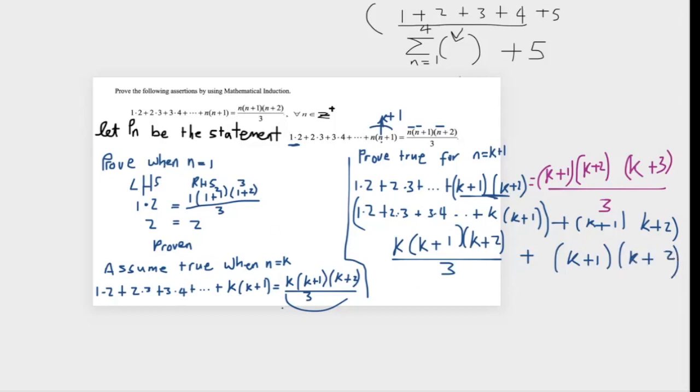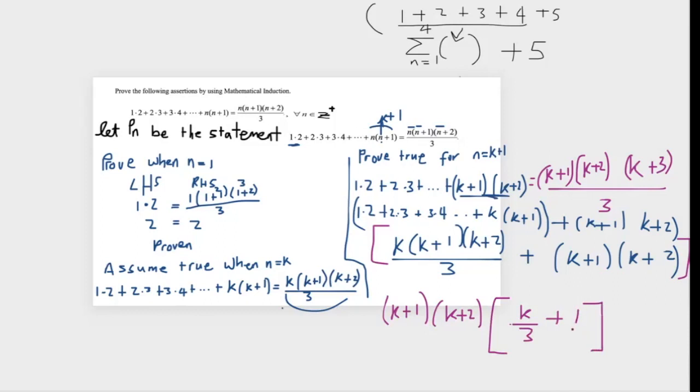Now we can factor out what's common. If you look, k plus 1 and k plus 2 is common. So I can factor out k plus 1, and I can factor out k plus 2. When I factor it out, on this side, I'll be just left with k over 3. And over this side, because I took out both brackets, it would be just plus 1.